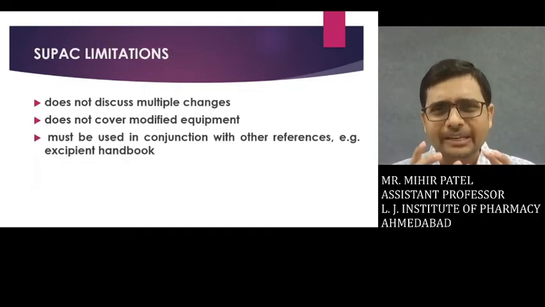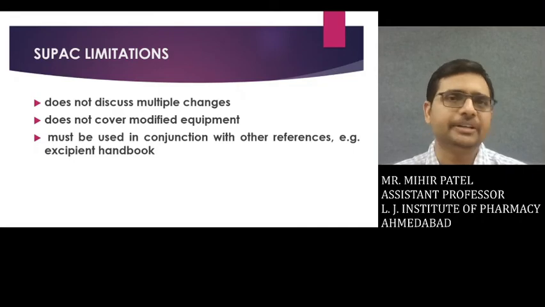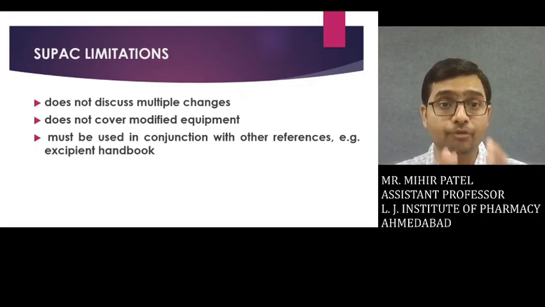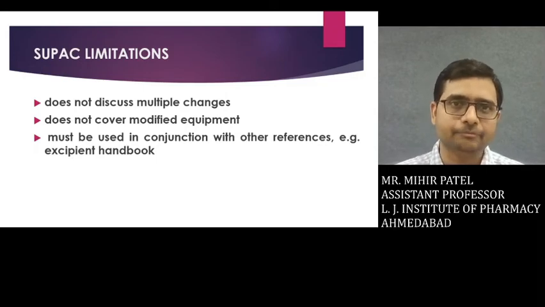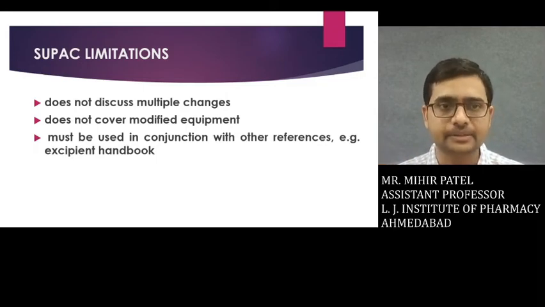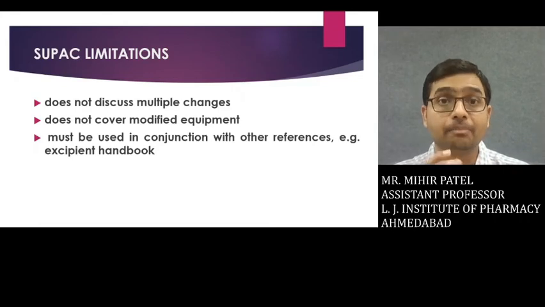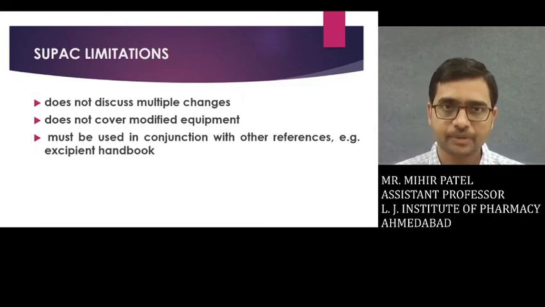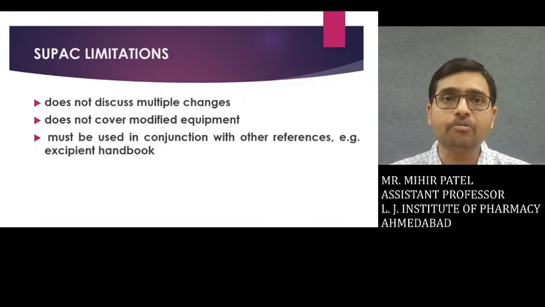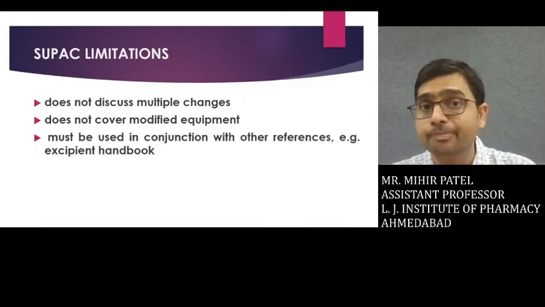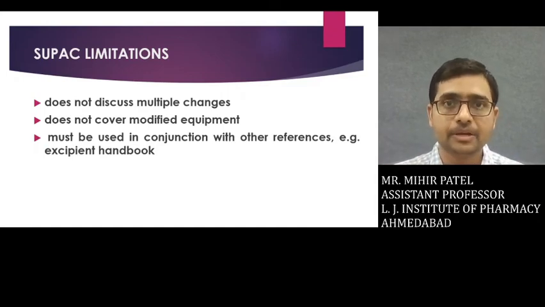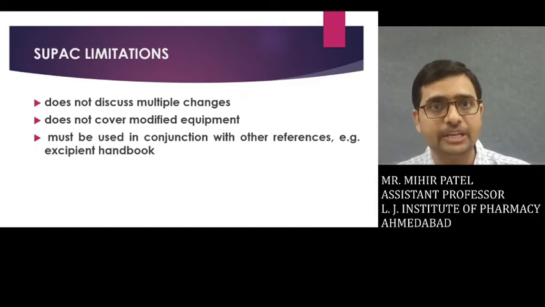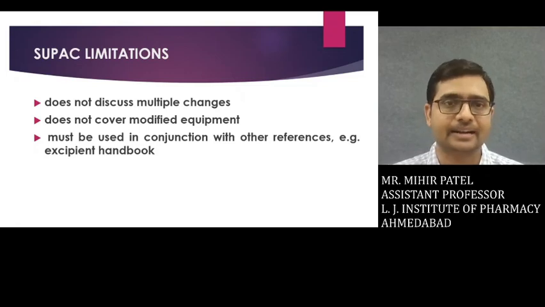Now there are certain limitations, which we can also focus on at this point. The SUPAC guideline for pilot plant and scale up techniques does not discuss multiple changes at a time. It also does not cover modified equipment guidelines. Guidelines for specific equipment are available, but if you change the equipment or make a modification in it, those kinds of guidelines are not available.